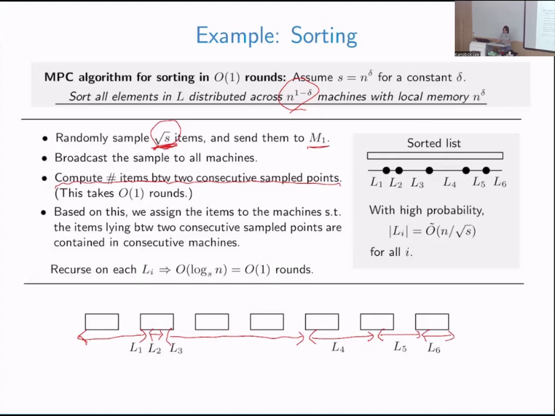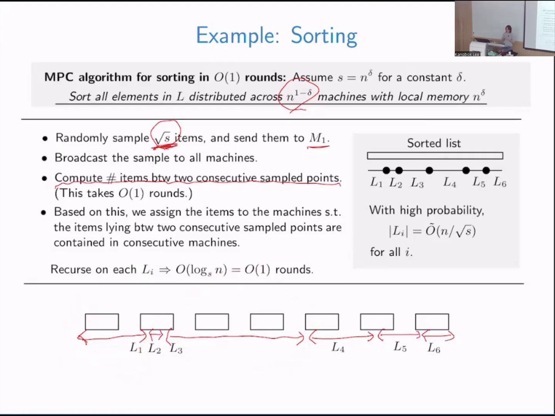So the elements in L1 are not necessarily sorted yet. But we want to ensure that at the end of the constant rounds, L1 are stored before the other elements.